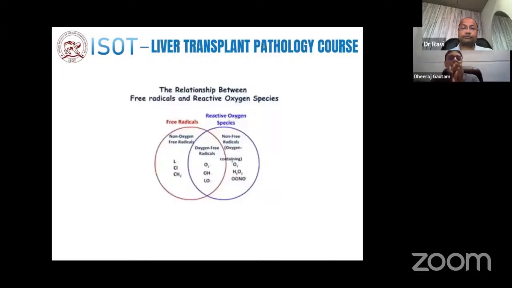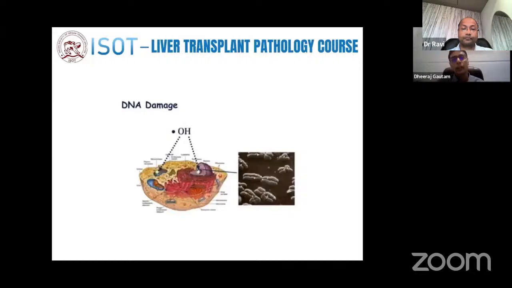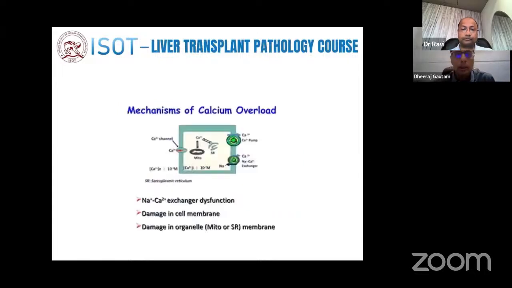So there is a clear-cut relationship between free radicals and reactive oxygen species. The oxygen free radicals O2- and OH are reactive oxygen species as well as free radicals. This ultimately leads to DNA damage, which ultimately leads to cell membrane destruction.